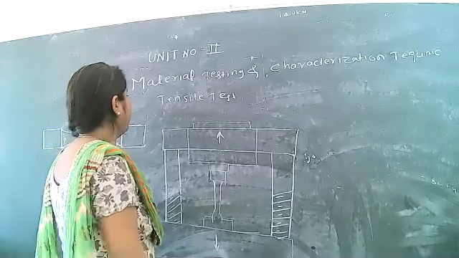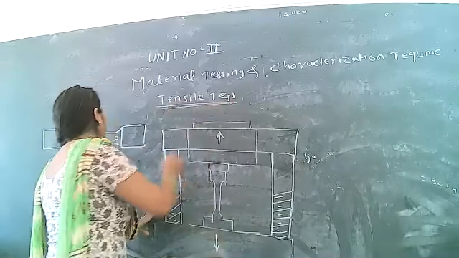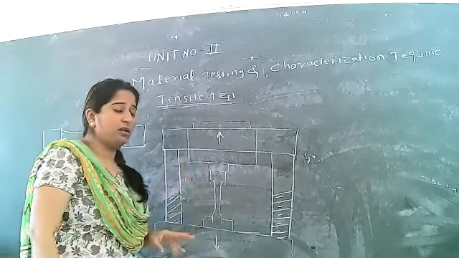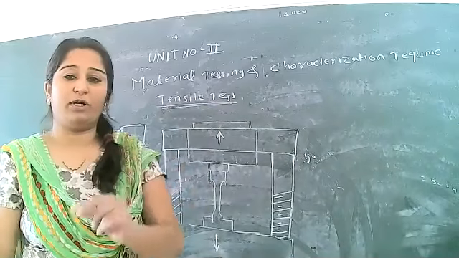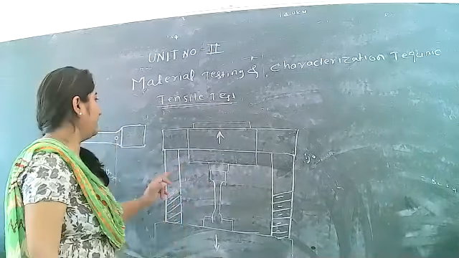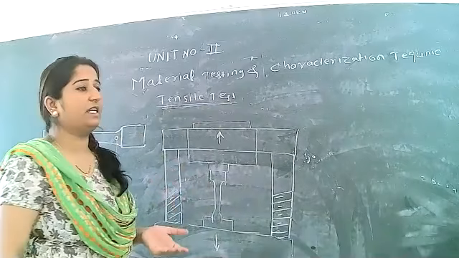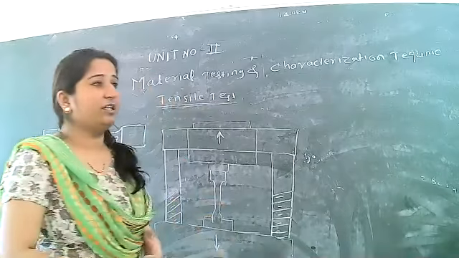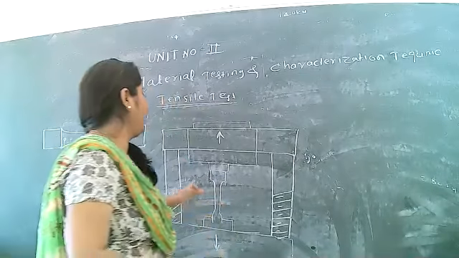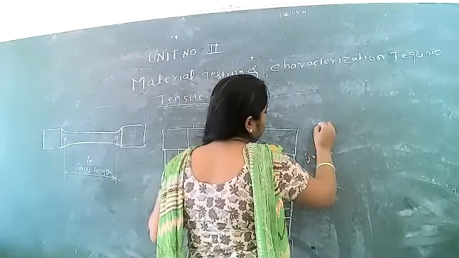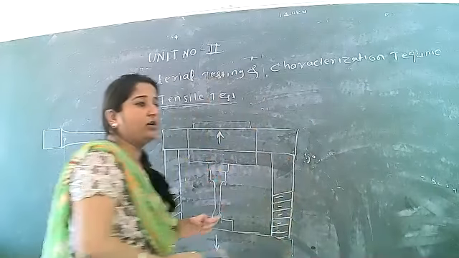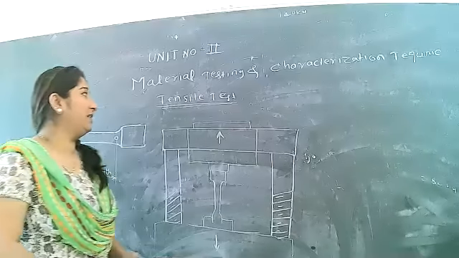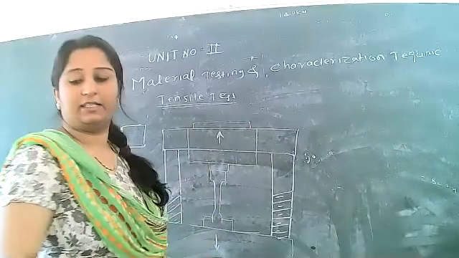This is the diagram for the tensile test. Here a specific specimen is used to test the properties of the material. In the tensile test we are going to test the tensile strength of the metal, the ductility, malleability, elasticity, yield point, toughness, all these properties are tested in the tensile test.